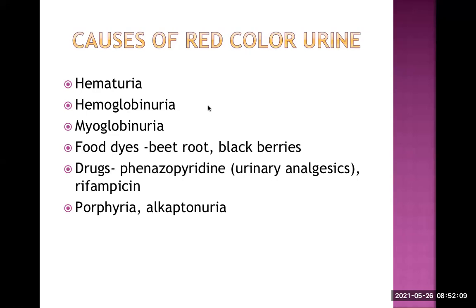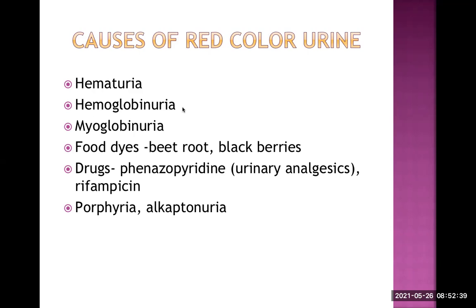So the common causes can be, remember, mismatched blood transfusion. For example, the patient has blood group A and the doctor mistakenly gives blood group B. That can lead to a fatal transfusion reaction. A lot of hemoglobin will be released and that can lead to hemoglobinuria.